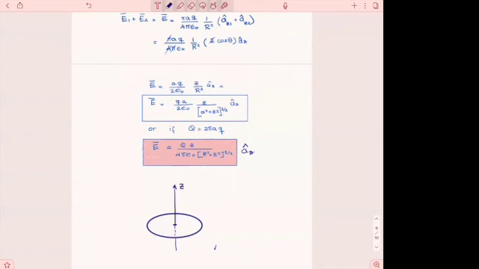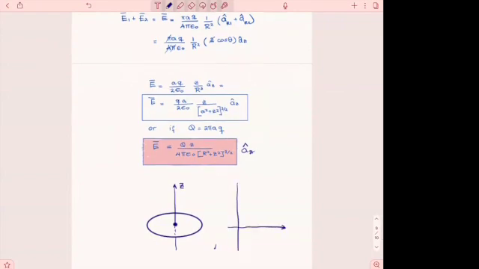So if I am very close to the circle, my field gets very weak. It starts at 0 at this point, and then as z increases, that increases. For example, if I were to plot the E sub z component of the field here, it starts at 0.